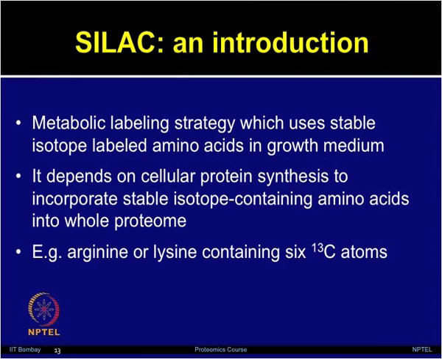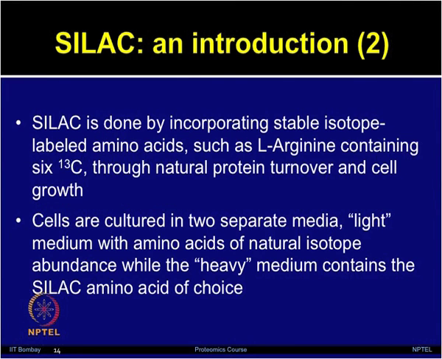For example, arginine or lysine, which contains 6 13 carbon atoms. The SILAC experiments are performed by incorporating the stable isotopically labeled amino acids such as L-arginine containing 6 13 carbon through the natural protein turnover and cell growth.